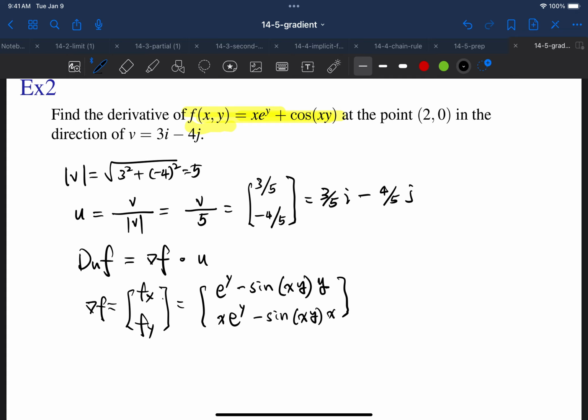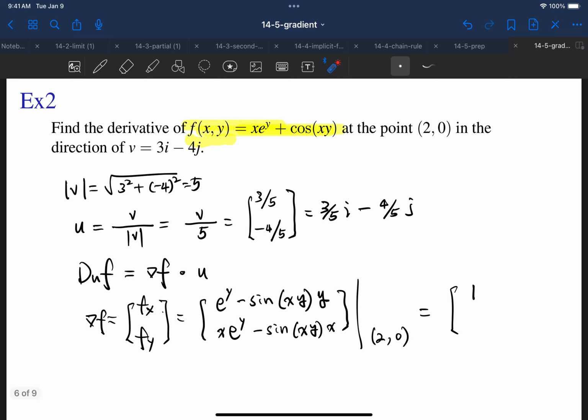All right. Now I am interested in the point (2, 0). So now it's ready to plug in: replace all x by 2 and all y by 0. Then e to the 0 power is 1, and minus sine 0 is 0, so that part is entirely 0, so it is 1.